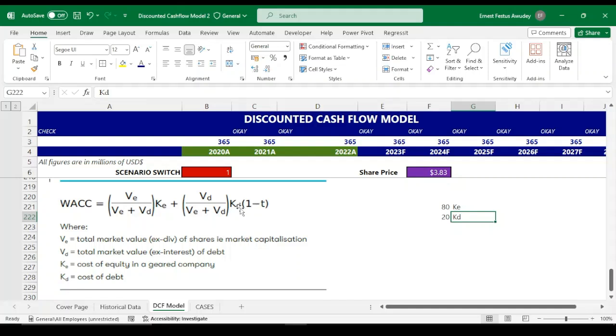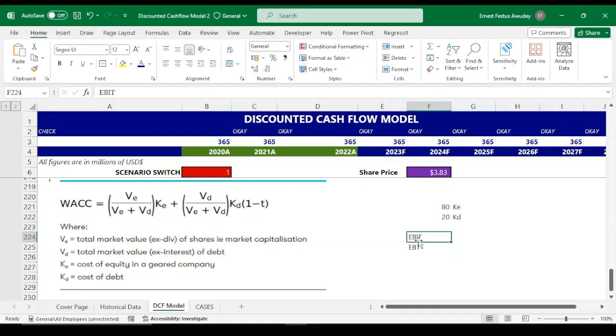Now, the after-tax cost of debt, we are calling it after-tax because debt, from the company's point of view, actually has a tax relief, all right. So that is why we have what we call EBIT in accounting, and then we also have EBT. Now, the EBIT here means earnings before interest and tax.